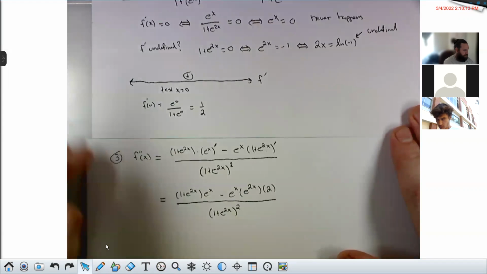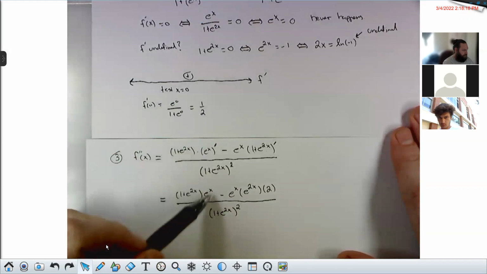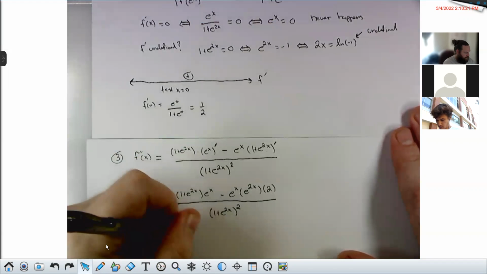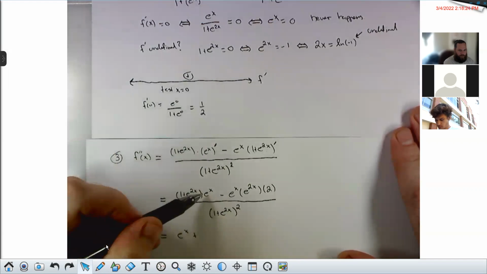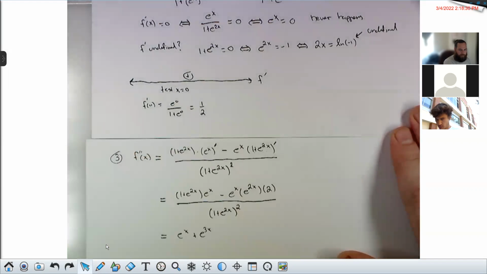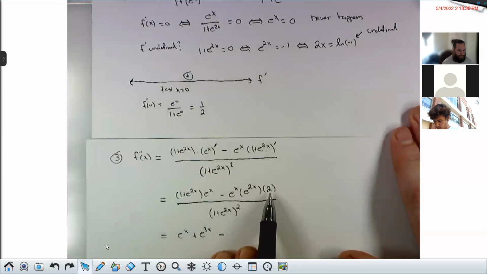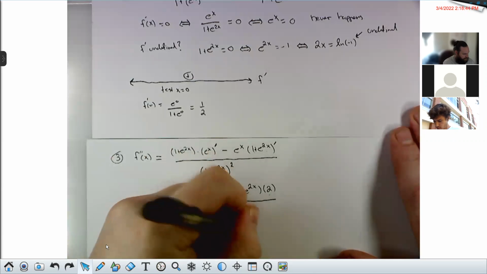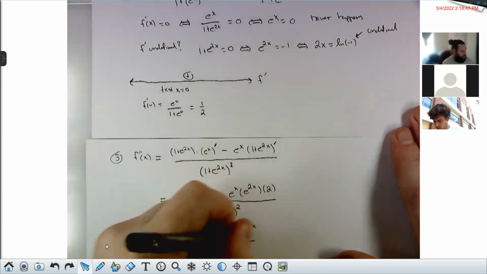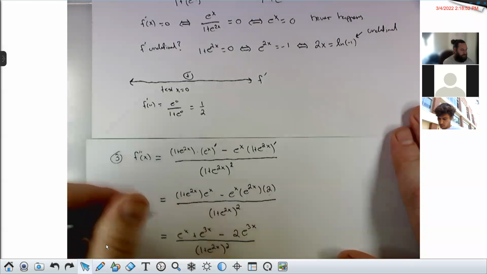All right, we got some algebra to do. Distributing the e to the x here, we get e to the x plus e to the 2x times e to the 1x is e to the 3x. Minus, I'll put the 2 out front, this 2 right here. And then e to the x times e to the 2x is again e to the 3x. All over that same denominator.